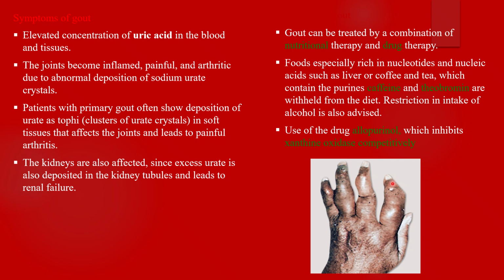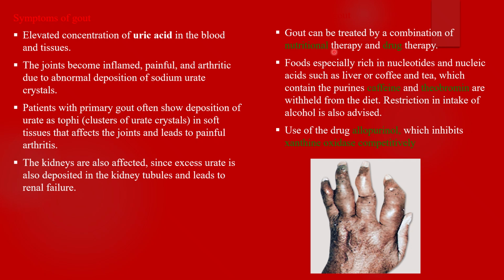You can see the swollen joints, the structure due to the clustering of urate crystals. That structure is known as tophi. That happens in the soft tissues and tendons, affects the joints, and leads to painful arthritis. The kidneys are also affected, as excess urate is deposited in the kidney tubules and leads to renal failure.